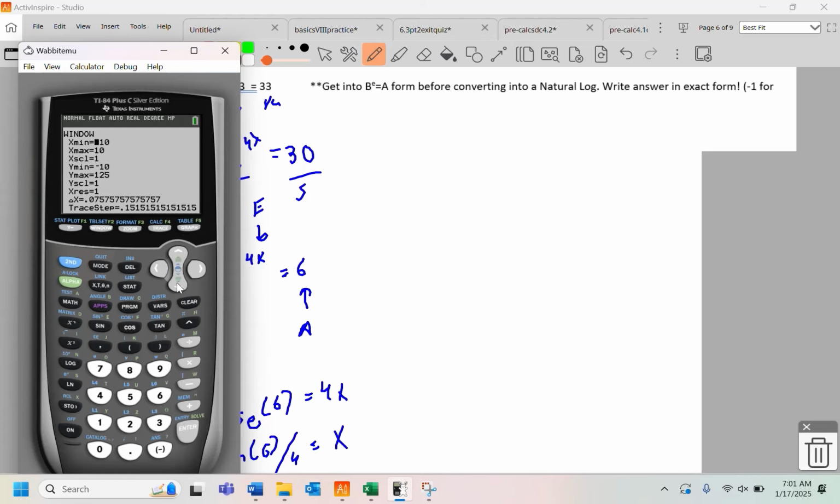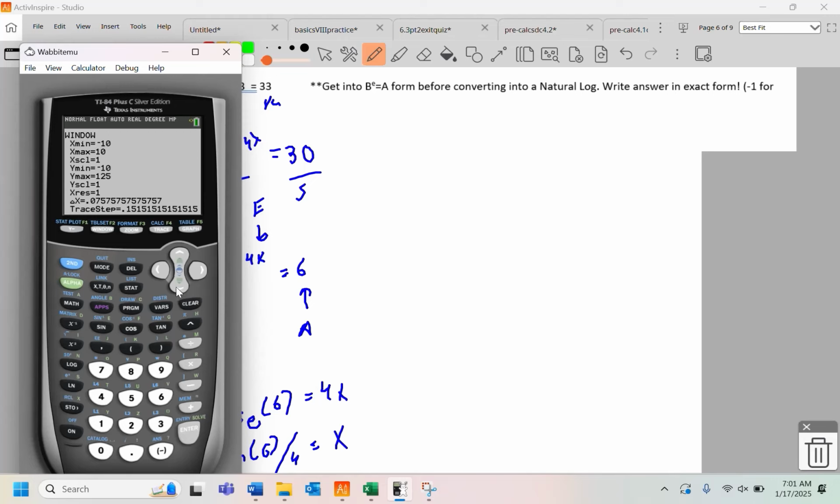So I'm going to set my window to be around 40, look up 40 units. Graph. Oh, there it goes. Second trace, 5, enter, enter, enter.